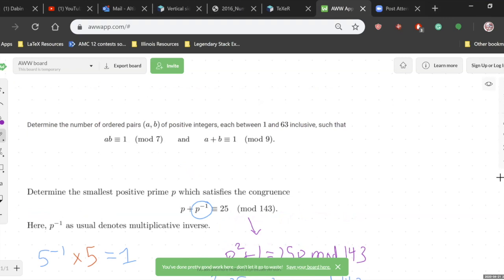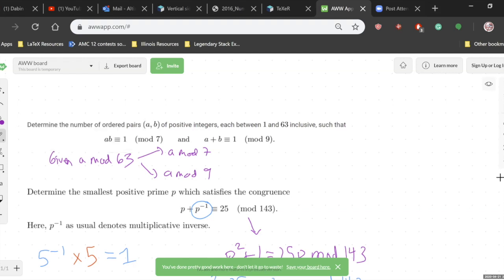Here's why it dies to Chinese remainder theorem. Let's say you're given A mod 63. Then you basically know two things: the value of A mod 7 and the value of A mod 9.